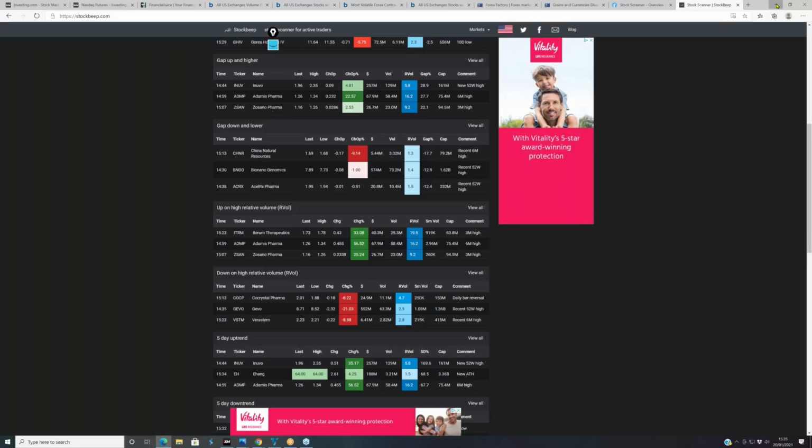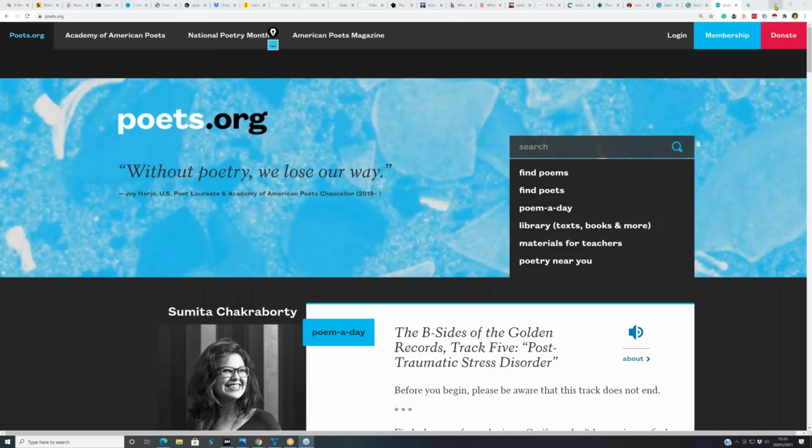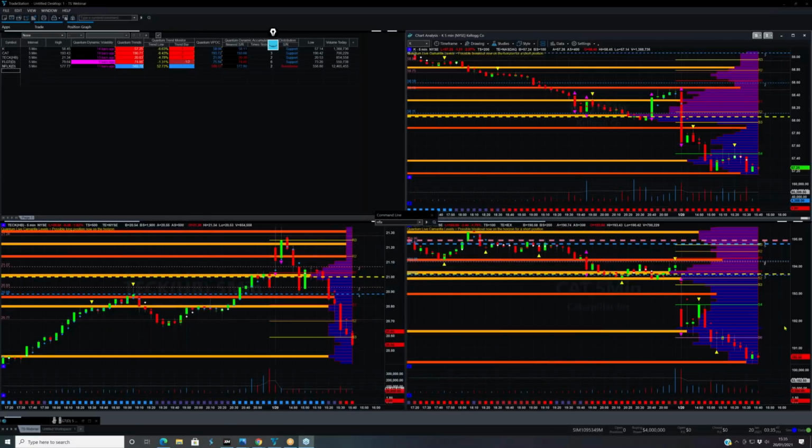Right, so what have I done then? Hopefully you will be able to see these, because the reason I wanted to do stock trading separately is, we've been talking about this for so many weeks, months, and we now have our indicators programmed for Tradestation.